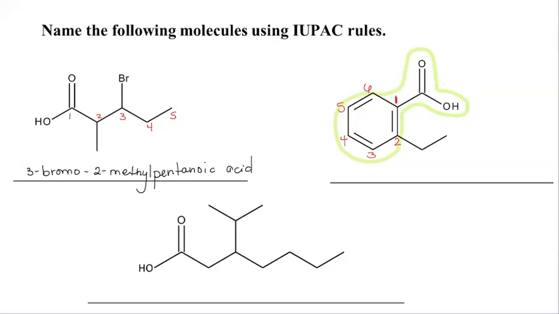So when it comes to the name of that second molecule, this is 2-ethyl benzoic acid. Put a 2 in the chat if you got the correct answer. Great job, April.